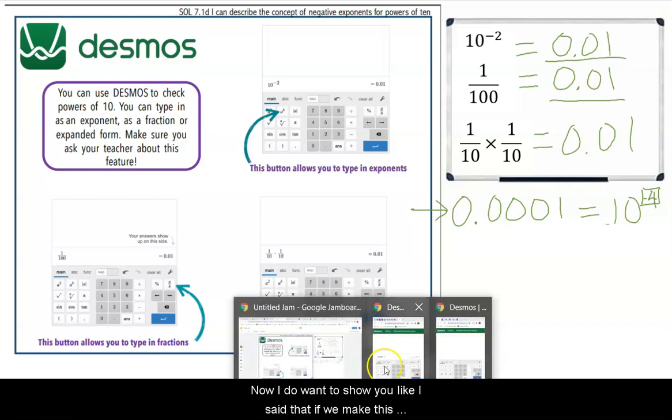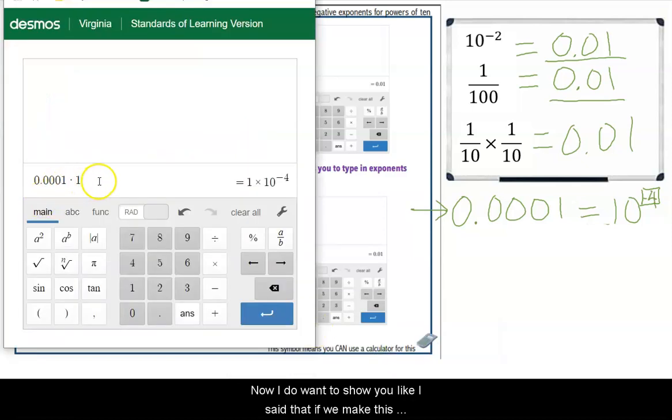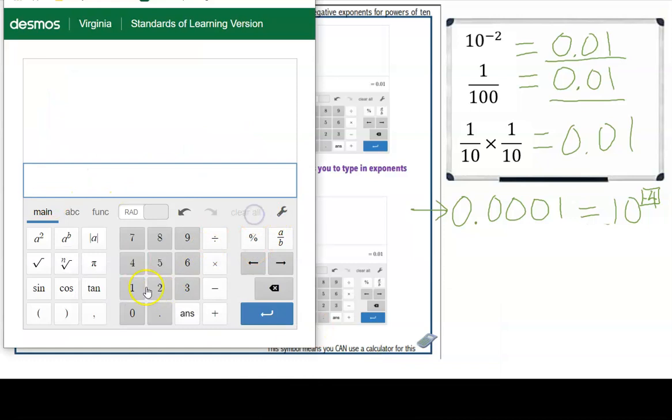Now I do want to show you, like I said, that if we make this number bigger, 0.01 times 1, it doesn't necessarily give you that exponent. If I try it with 0.001, it doesn't. But notice, as I put more zeros between the decimal point and the 1, our exponent is changing.